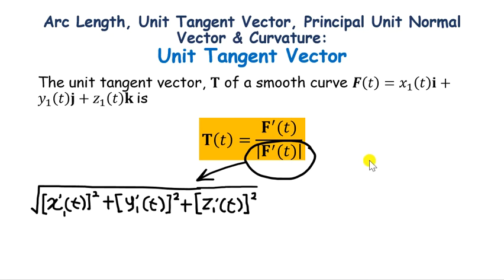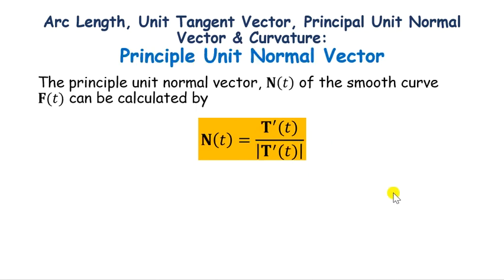Okay, so this is the equation for the unit tangent vector function. Next, we're going to take a look at the principal unit normal vector. The principal unit normal vector, with the symbol bold capital letter N, of the smooth curve, our vector function f of t, can be calculated by using the derivative of our tangent divided by the magnitude of the derivative of our tangent.